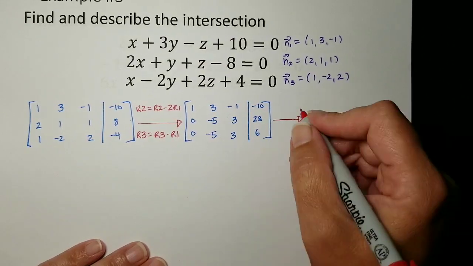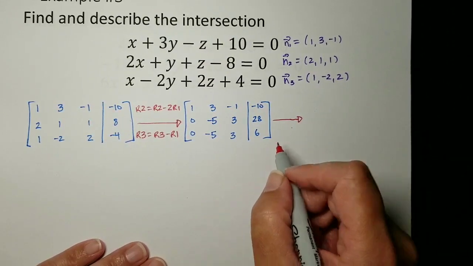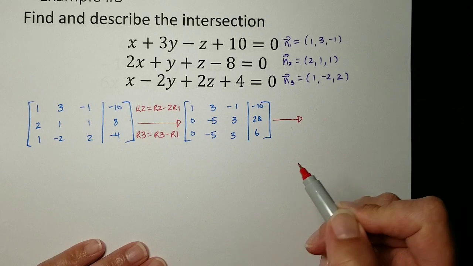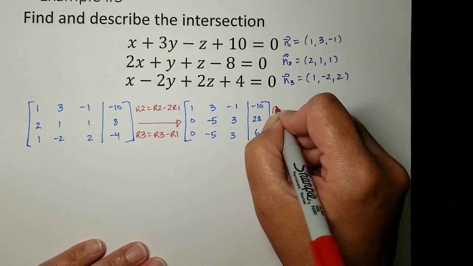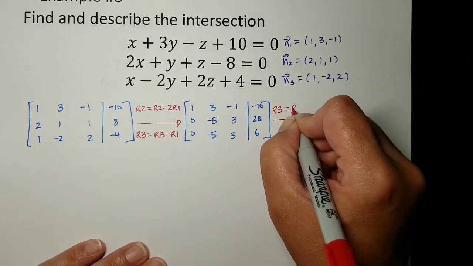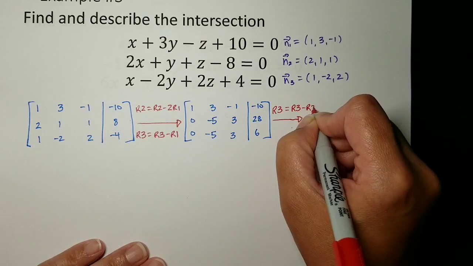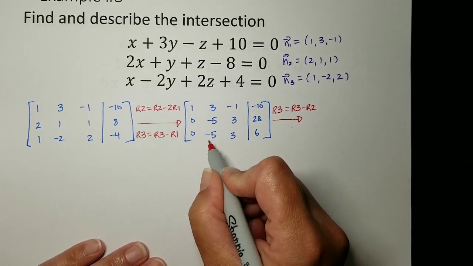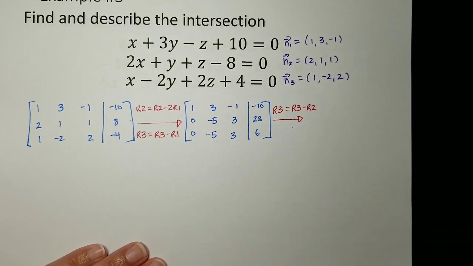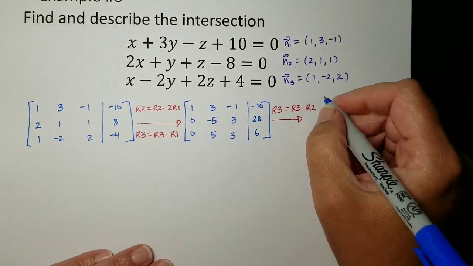So I'm going to go out of order and not get a 1 there. I'm just going to say row 3 equals row 3 minus row 2, because I'm going to skip ahead to zero this out and skip the messy fraction step.